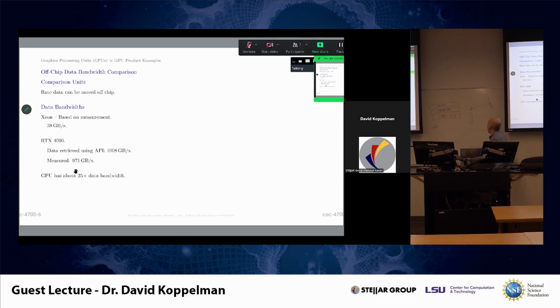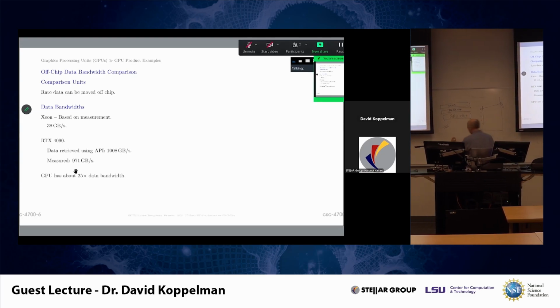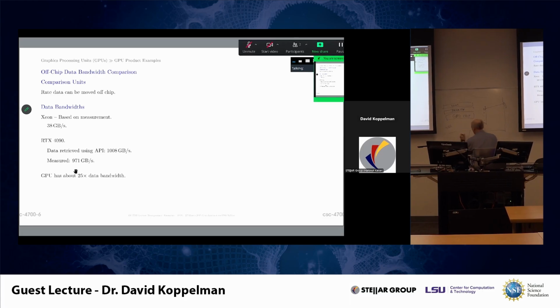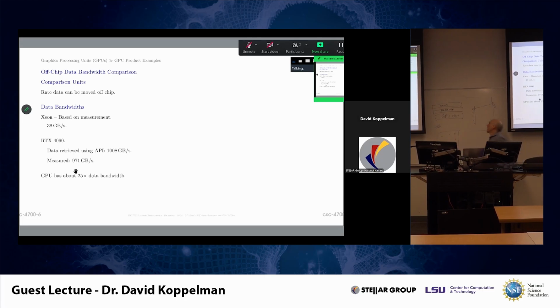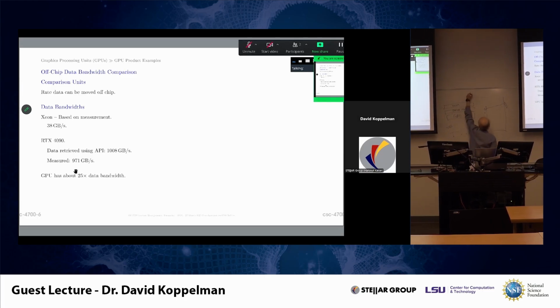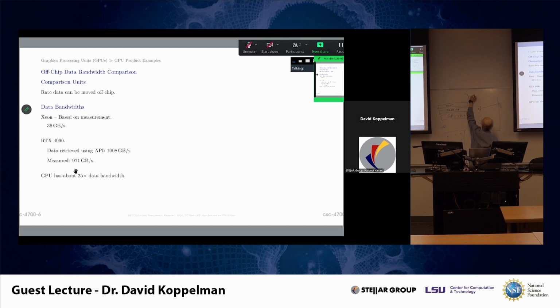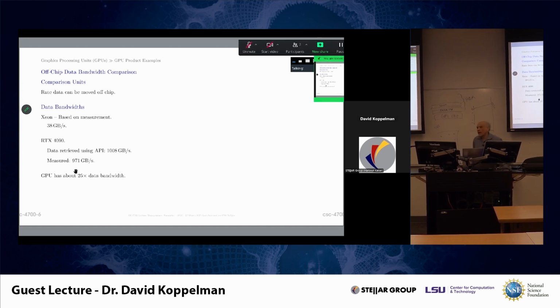So rather than having these pads around the periphery, you have these things all around the chip like this. And when you stack one chip on another, they make contact.